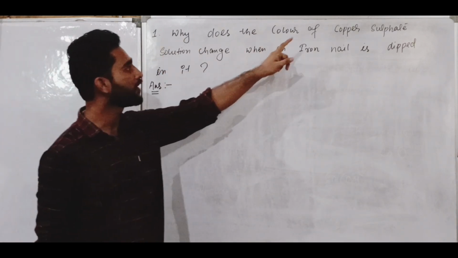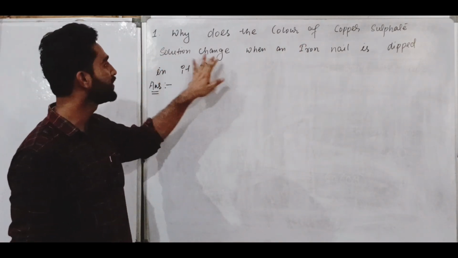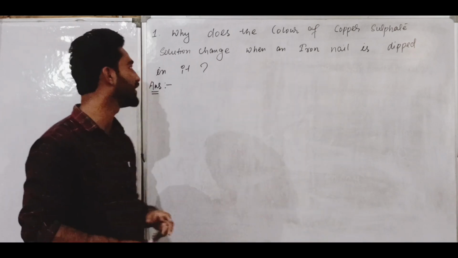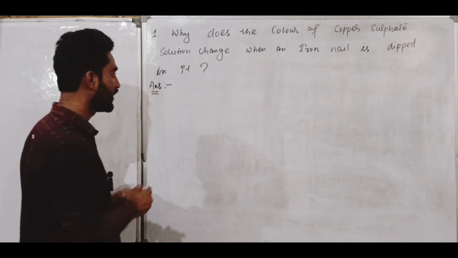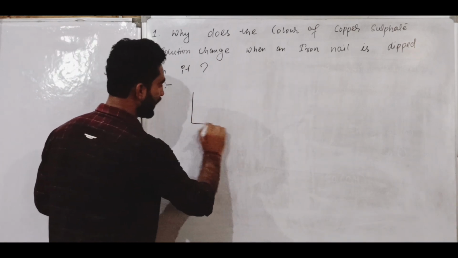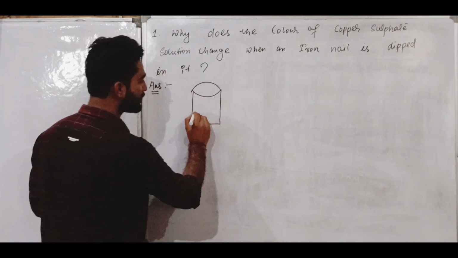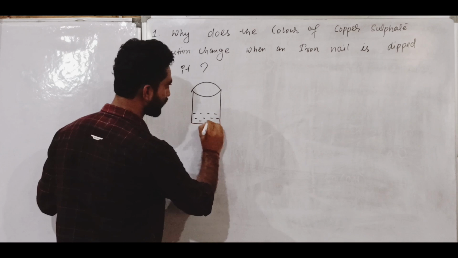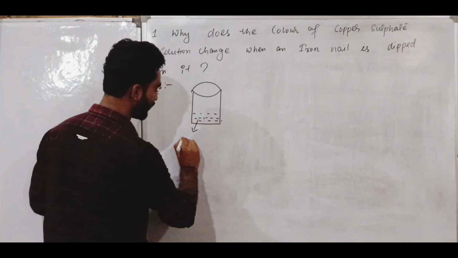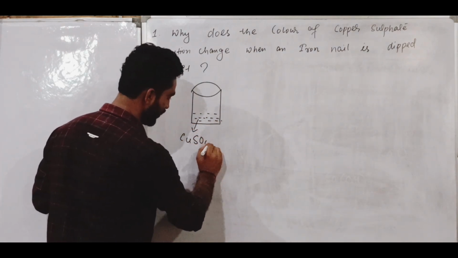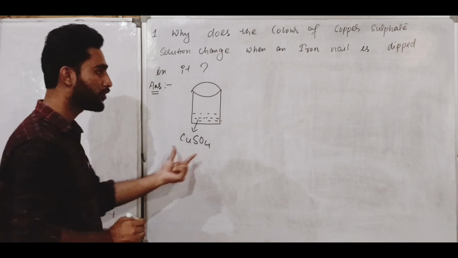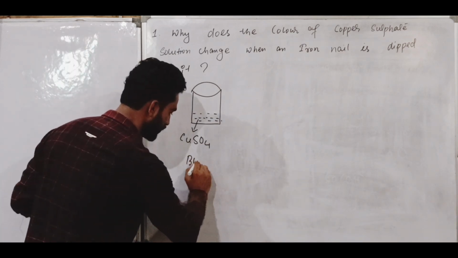Why does the color of copper sulfate solution change when an iron nail is dipped into it? Now, let's take one beaker. And into this beaker, take some copper sulfate solution, CuSO4 solution. And the color of the copper sulfate solution is blue.